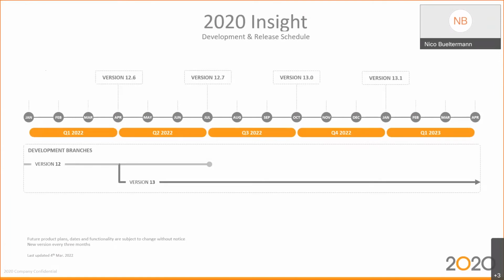And in fact, we are already working in the background on version 13. So currently we have 2 development branches, and that's also the reason why 12.7 will mostly be focused on stabilization and some minor enhancements, but all of the major changes and major new functionality or even modules will all be developed and released in version 13 coming end of September.